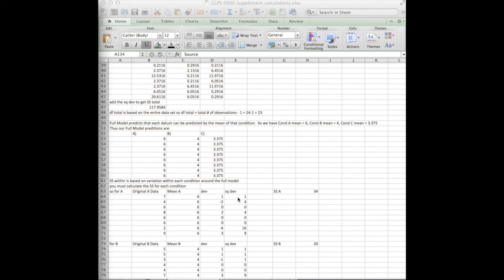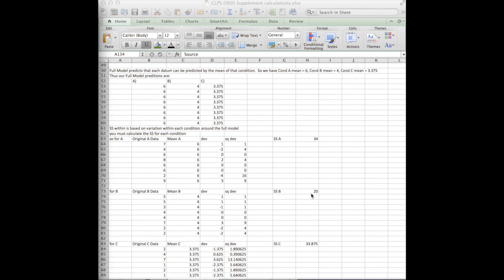And then, as our usual procedure, we would sum all of our square deviations. And when I do that, I get the sums of square for within A. Same procedure for B. You would do the original B data minus the mean of B to get the deviation. Then you square the deviation. Do that over and over.